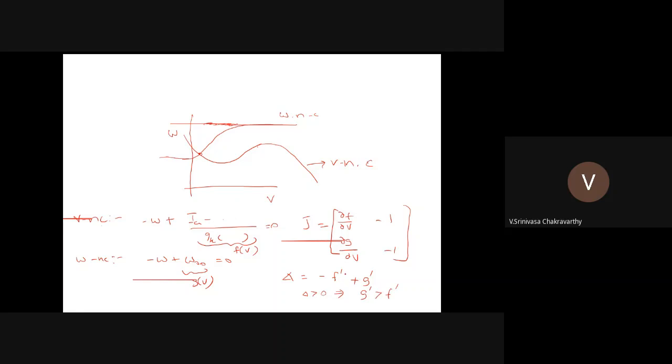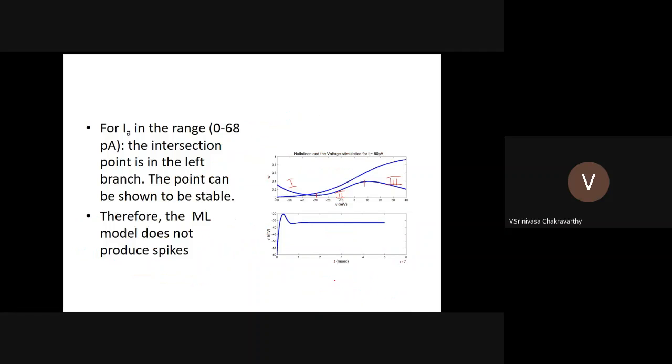That means the slope of the W null plane is greater than the slope of the F null plane, the V null plane, sorry. Similarly, tau will be equal to F prime minus 1. Therefore, F prime greater than 1 means tau is positive. Okay, so the conditions will be slightly different. Here the slope of this curve, G prime, is very small.